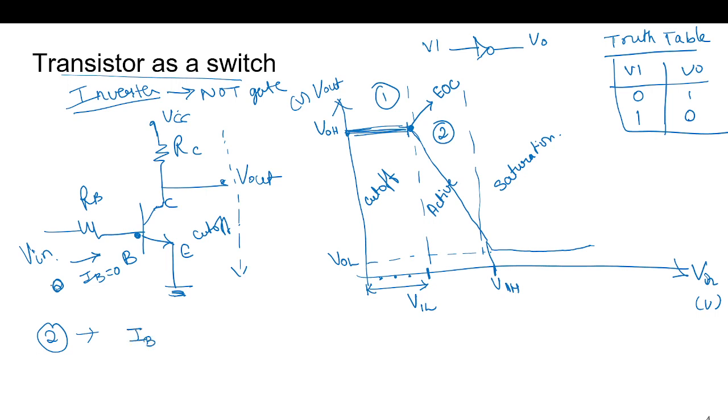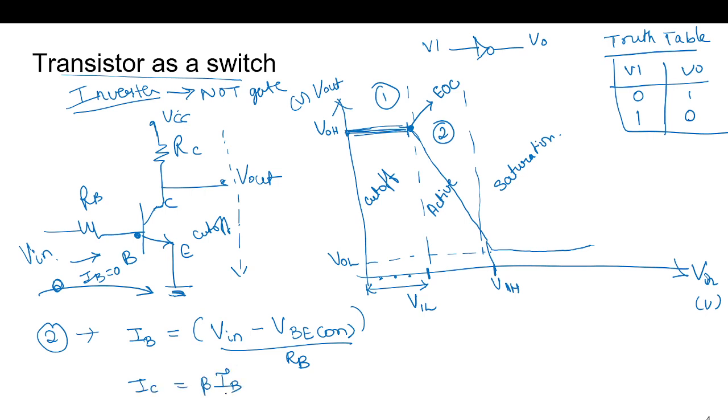Now this IB, if you take this loop, VIN, RB and this VBE, we will obtain the IB current as VIN minus VBE on divided by RB, and the IC, you all know, is beta IB, and the Vout potential is VCC minus IC drop, this current IC drop. So this is VCC minus beta F IB RC.